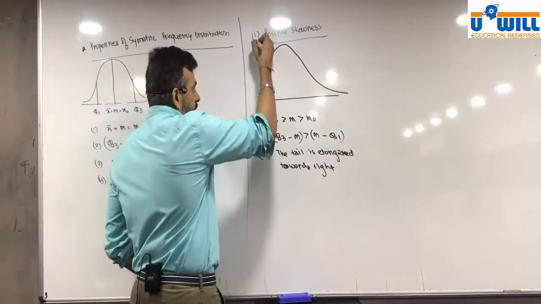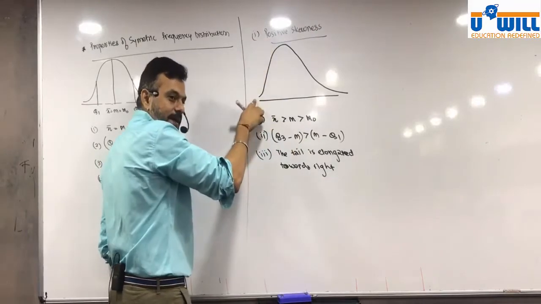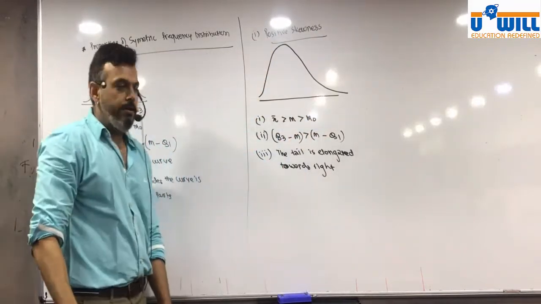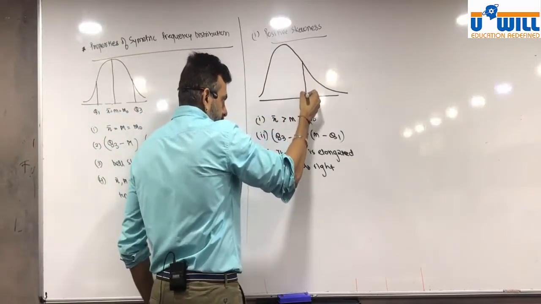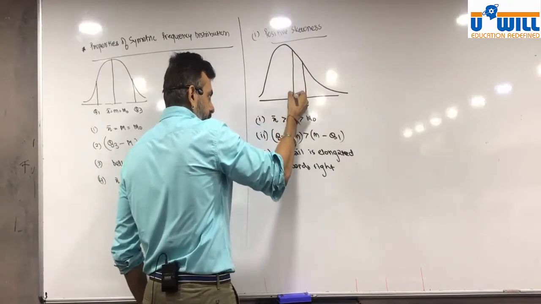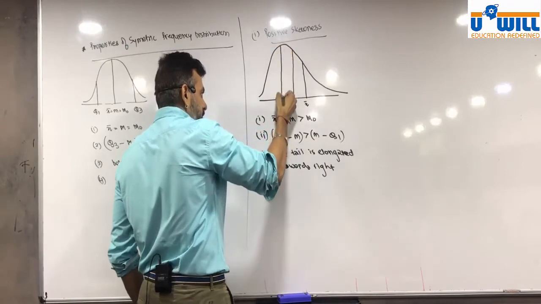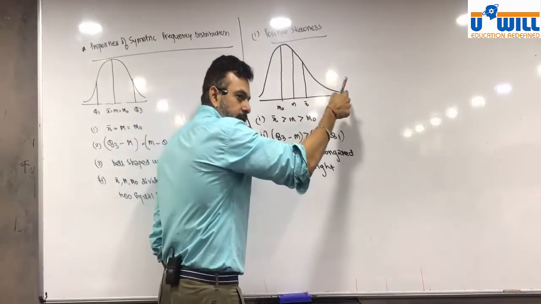Now, see, if this is a graph, okay, so this is the x-axis and this is your y-axis, here frequency and here variable. Now, the mean is say for example somewhere over here. Median is somewhere over here, and your mode is somewhere over here. So this is minimum and this is maximum.